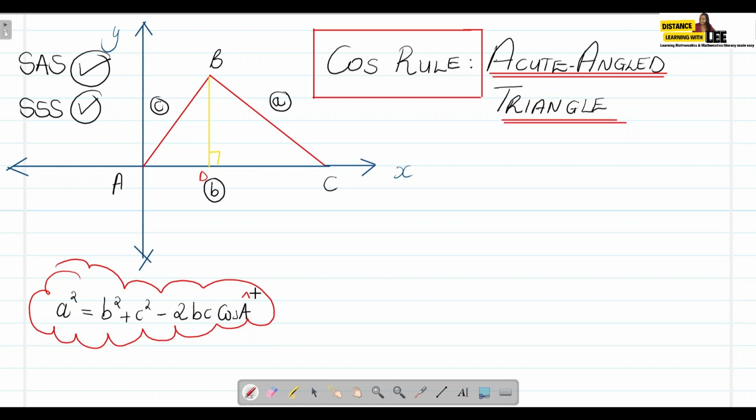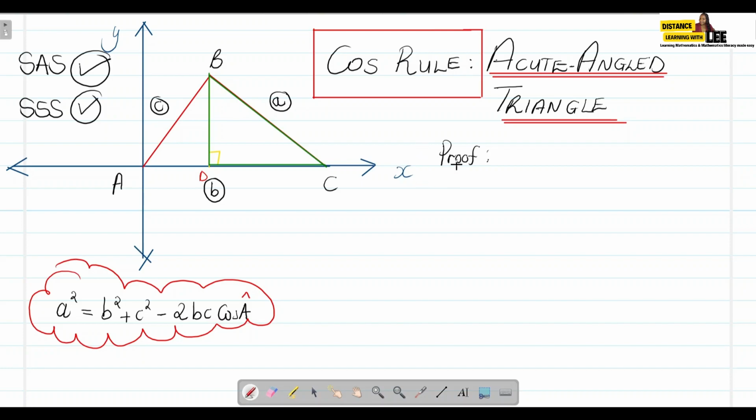So once we've drawn our construction line, to start off our proof, we can focus on triangle BDC. And what does the theorem of Pythagoras say? The theorem of Pythagoras says that your hypotenuse squared, which is your BC squared, is equal to your x squared plus your y squared.